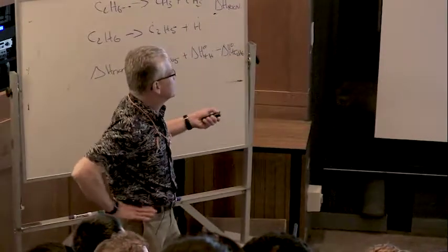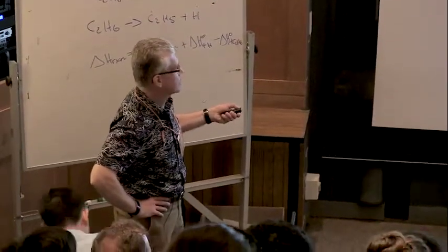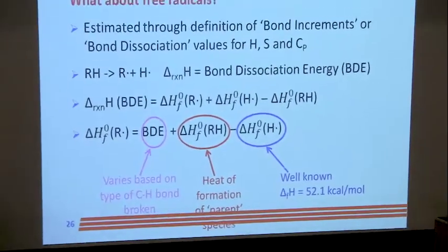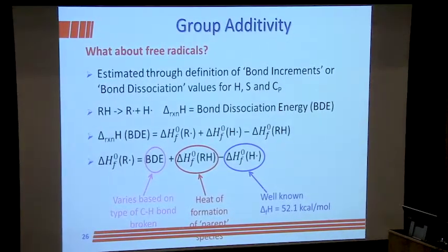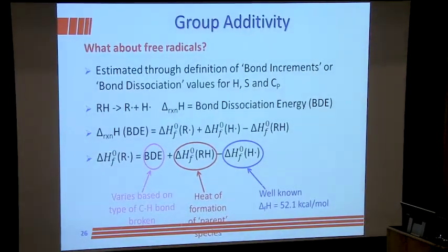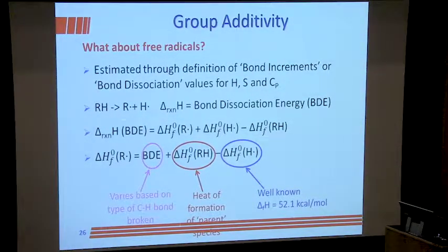Okay, so we have that, then delta H reaction is the heat of formation of the radical plus the heat of formation of H atom minus the heat of formation of RH, which I have written here in the specific case of ethane. Or we can say then the heat of formation of the radical, we just rewrite this, BDE, which is delta H reaction, plus the heat of formation of RH minus the heat of formation of H atom.